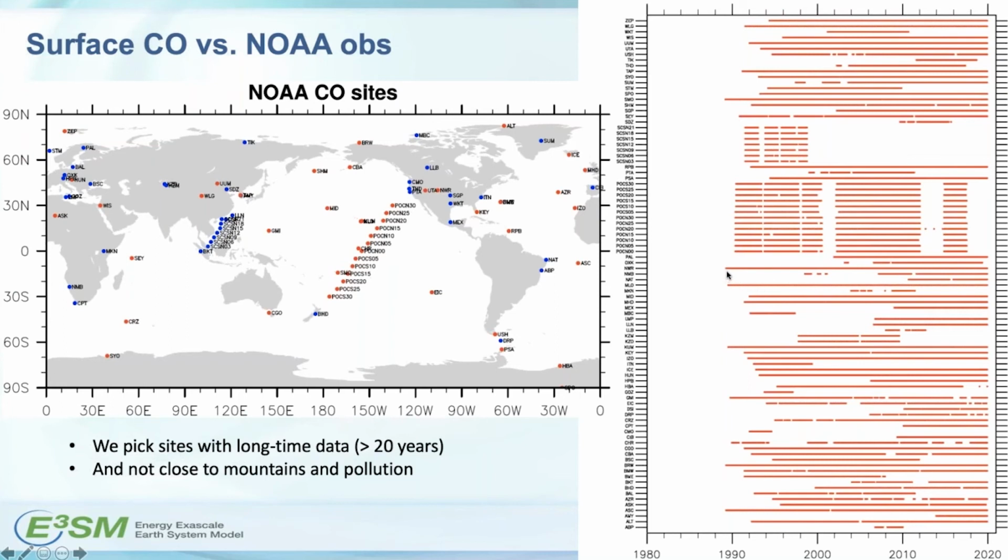The red dots mean when the monthly mean data is available. So we have a good number of NOAA sites with long time observations. So we pick those with data over 20 years and not close to mountains or polluted regions for our evaluation.